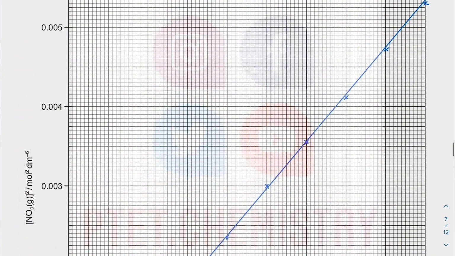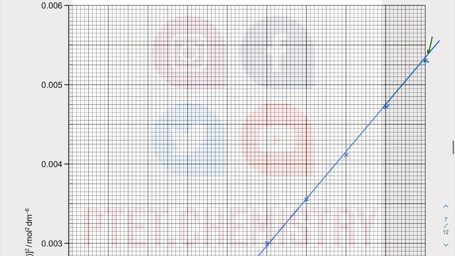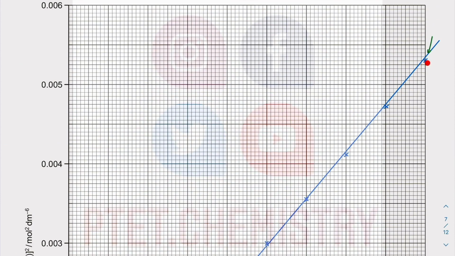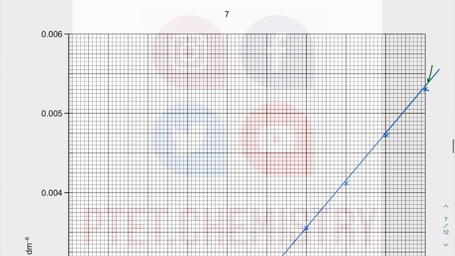And the other value I can use is this one, okay, not the point, not the cross, but where the line cuts exactly here. That is 0.90 on the x, and this is 0.0055.